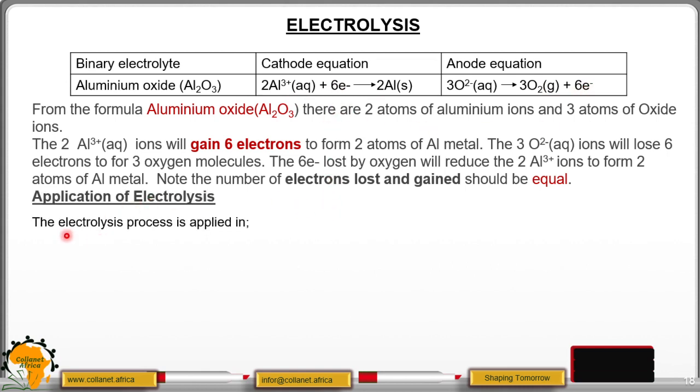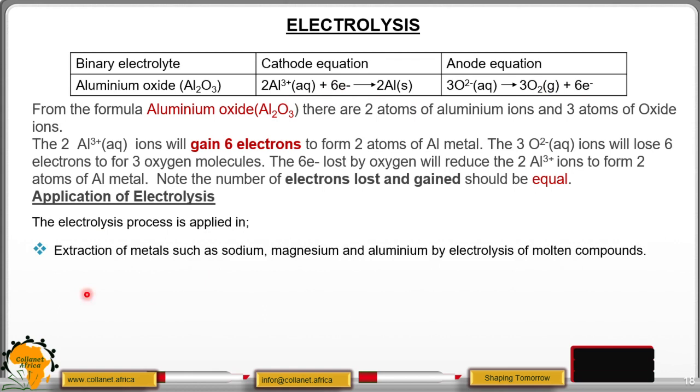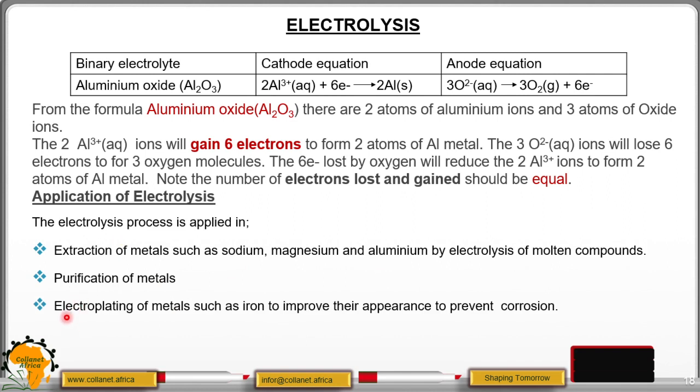Application of electrolysis. The electrolysis process is applied in the extraction of metals such as sodium, magnesium, and aluminium by electrolysis of molten compounds. Especially these reactive metals can be obtained through electrolysis. Then purification of metal: if you want to purify a metal, you put it in molten form or dissolve it, and then you do the electrolysis.